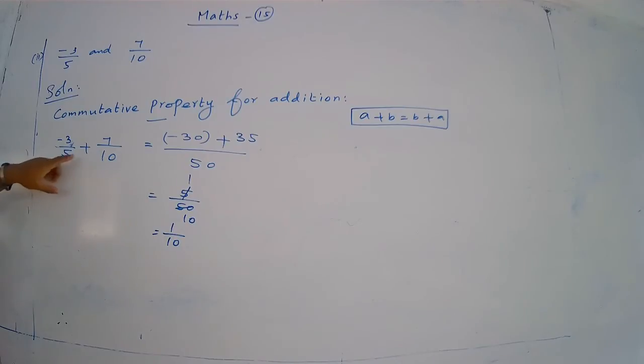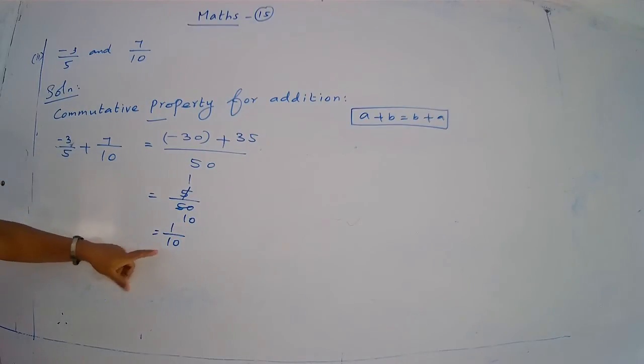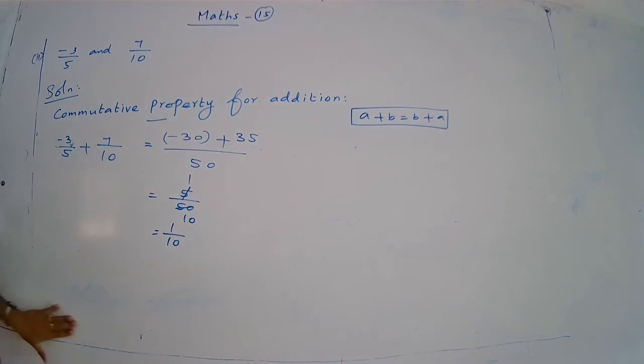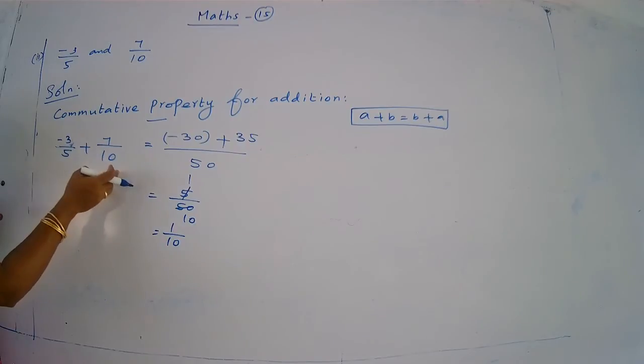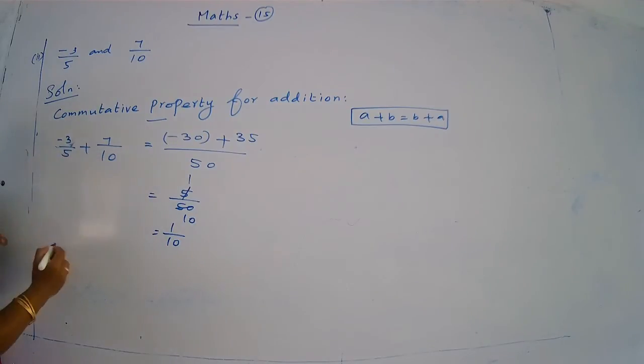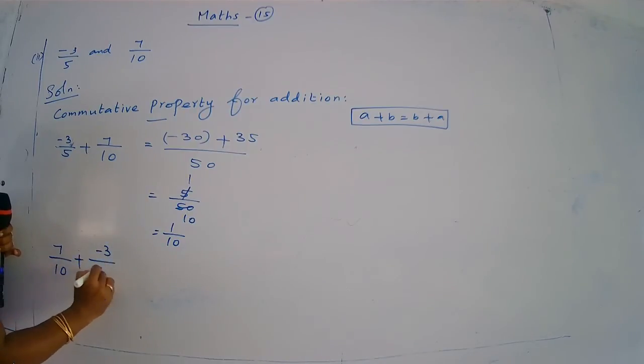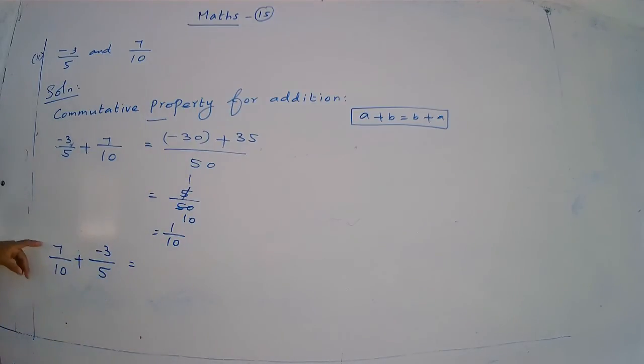Here not there. So we multiply numerator by numerator and denominator by denominator. Minus 3 into 7 is minus 21, upon 5 tens are 50. So your answer is minus 21 upon 50.